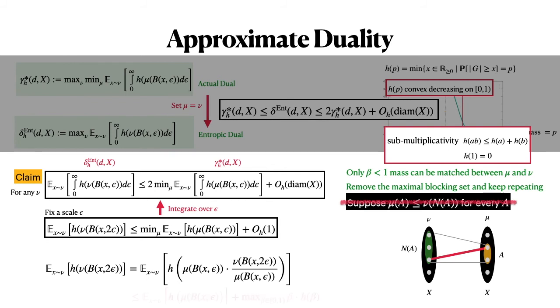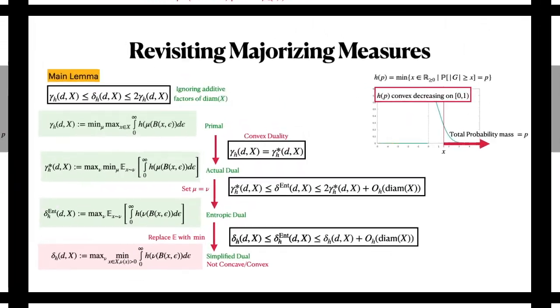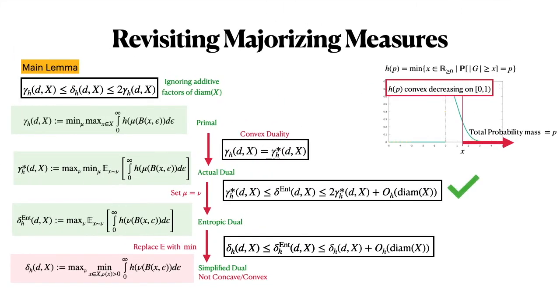And in the end one can show that you essentially incur a cost which is given by the maximum over the unit interval of some quantity related to h that we can bound by a constant. So this is essentially the proof of approximate duality. So this proves the first statement.